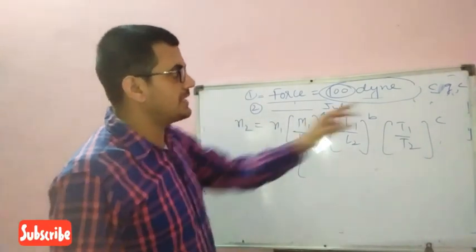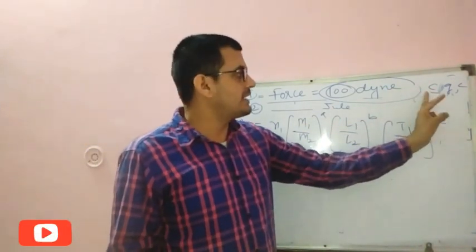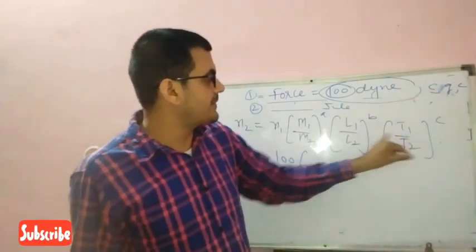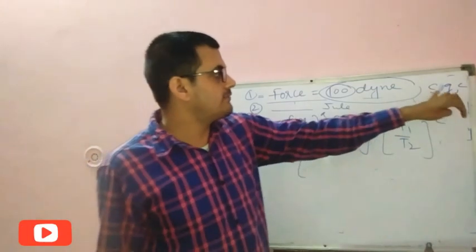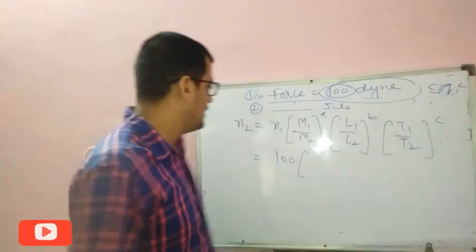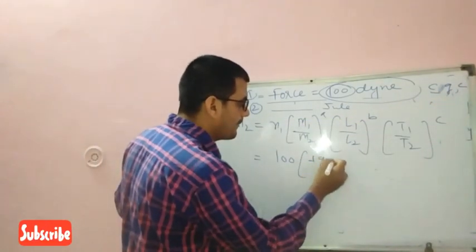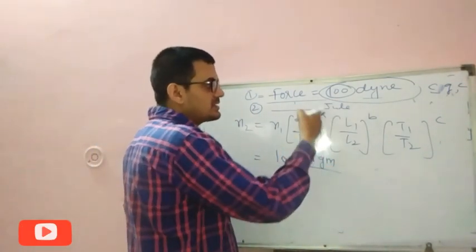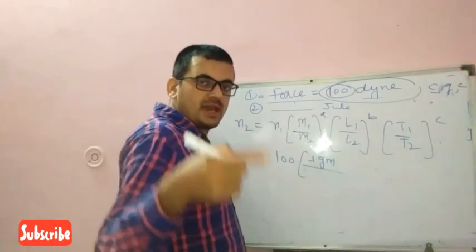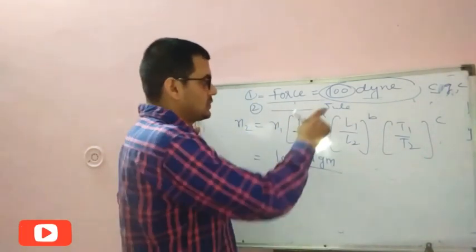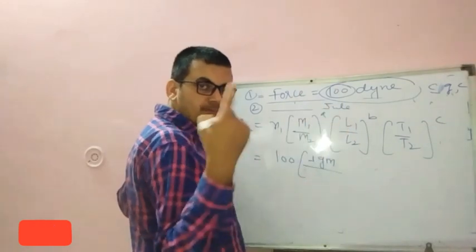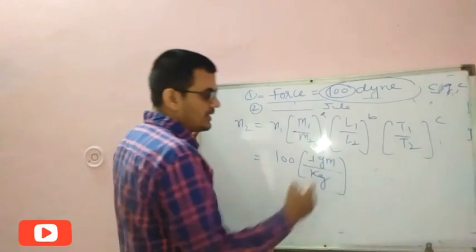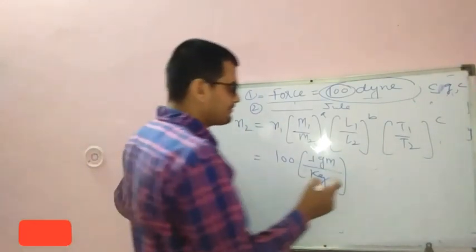M1 means mass in the first system, which is given in gram, so you write 1 gram. For the second system, joule is the SI unit of the MKS system, so mass is given in kilogram.